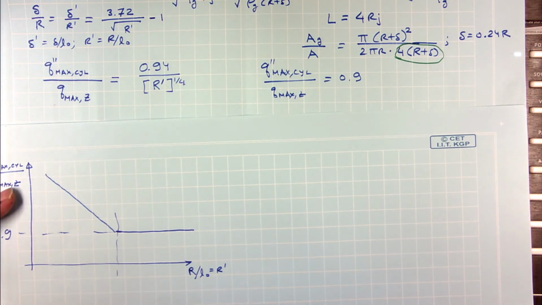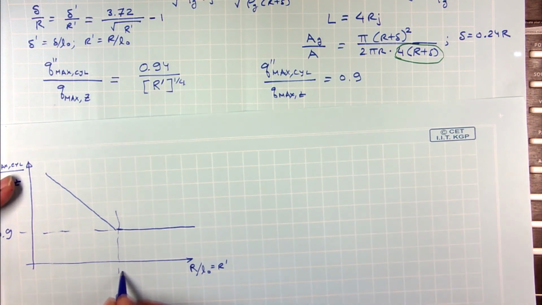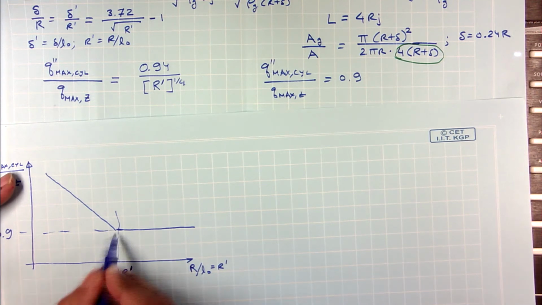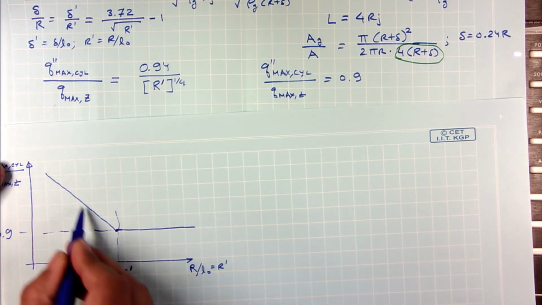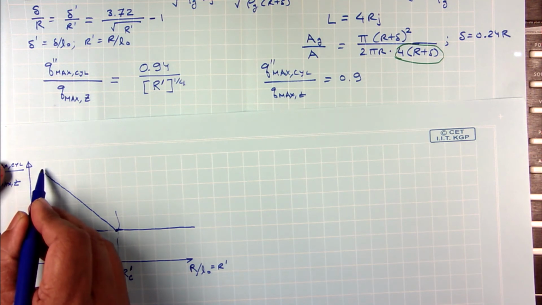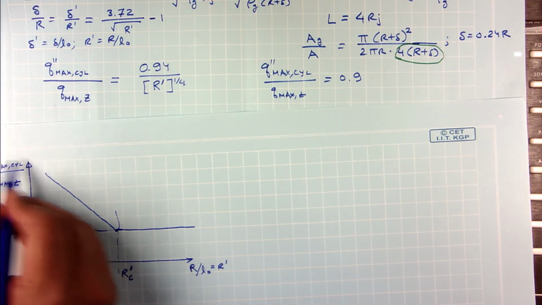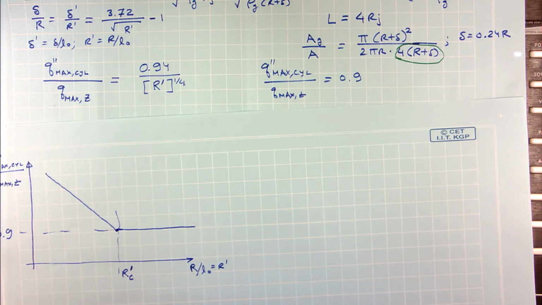right. So there is this critical value of your cylinder radius, beyond which as I keep shrinking the diameter of the wire, the heat flux keeps increasing, isn't it? And then beyond this limit it becomes independent of the heater size.